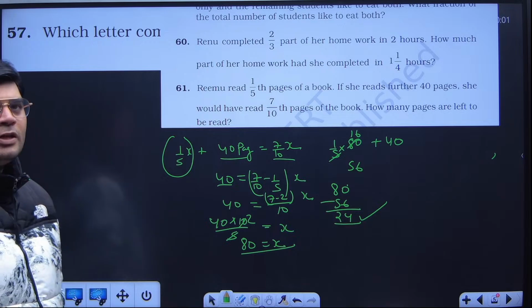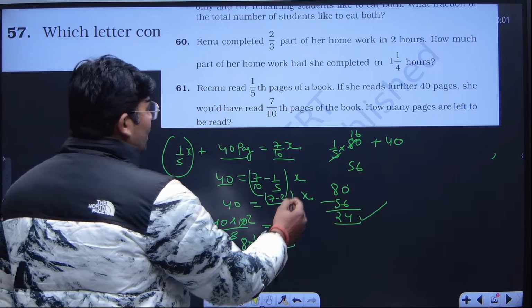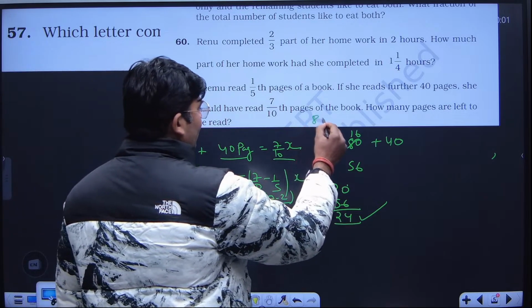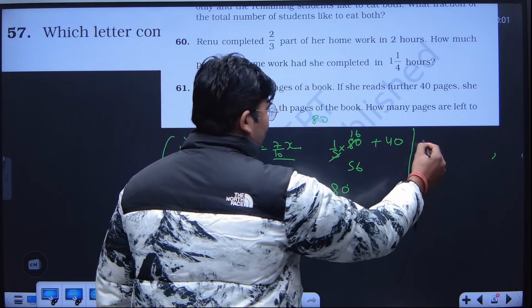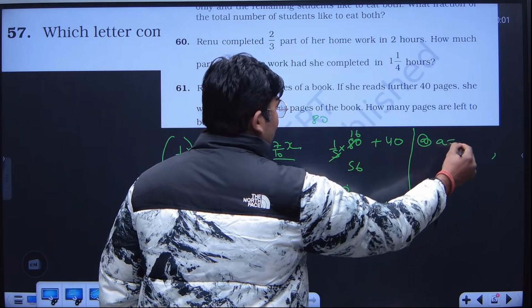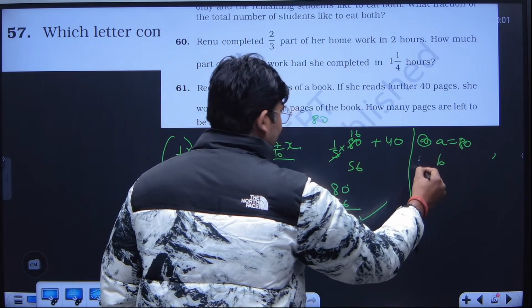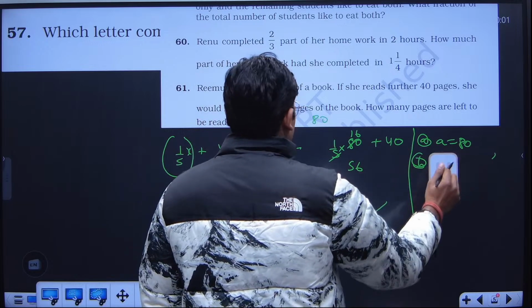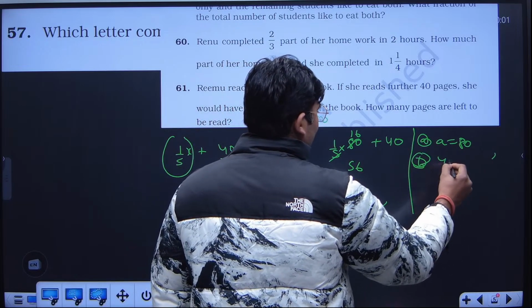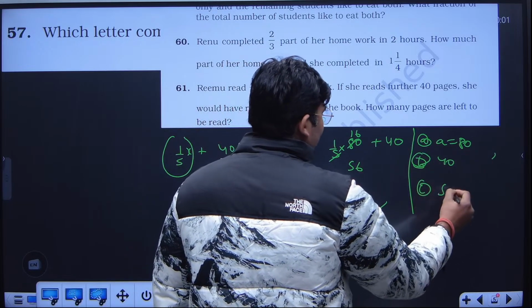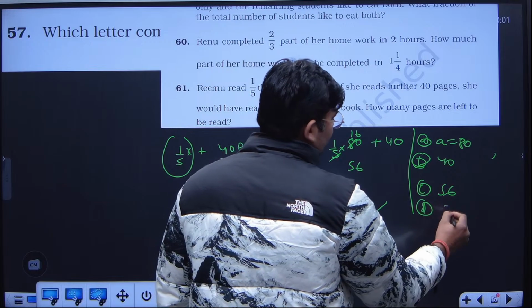Most of the students, what they do is they find 80, and we have got 4 options. It will be written as A, 80. Then B would be 40. Then C 56. Then D 24.